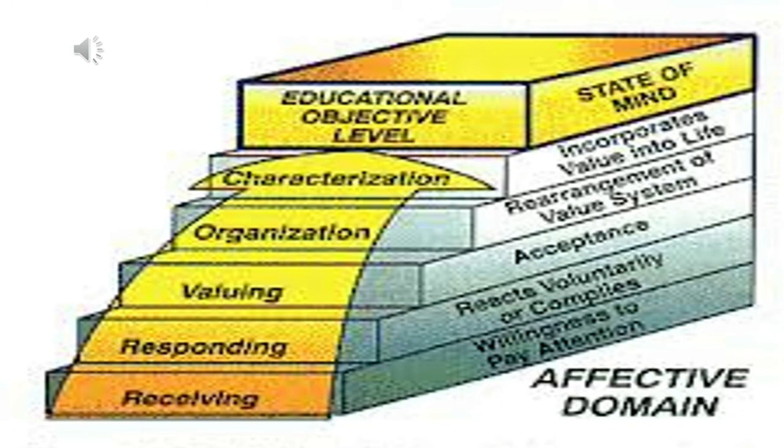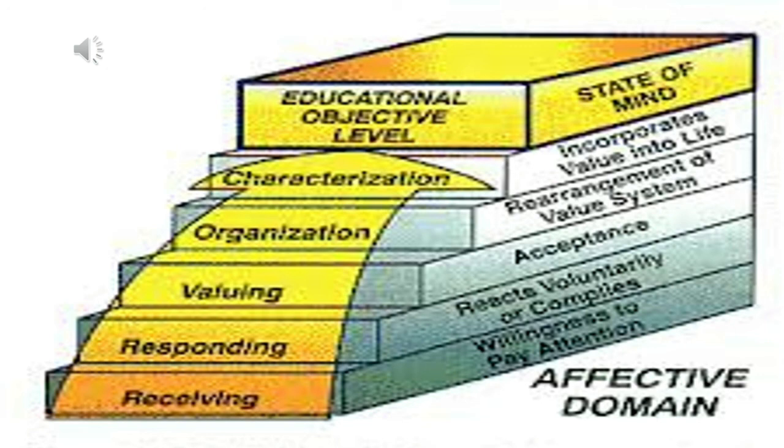In summary of the taxonomy of educational objectives, receiving talks about the student's willingness to pay attention, and responding talks about the student reacting voluntarily or complying. In valuing, the student accepts the idea or the phenomenon. In organizing, the student rearranges his or her value system in accordance with what he or she received, responded to, and valued.